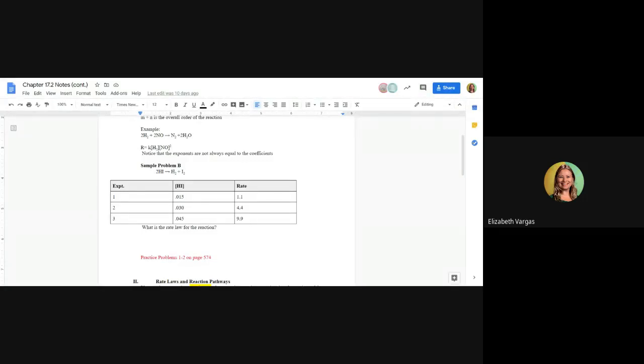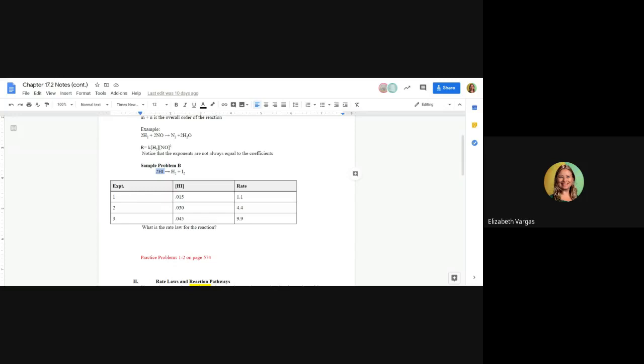We have 3 different concentrations, and notice this one's pretty easy because there's only one reactant here. It's just HI, hydrogen iodide. From experiment 1 to experiment 2, we double it. It went from 0.015 to 0.030, and this is brackets, so that means molarity, moles per liter.